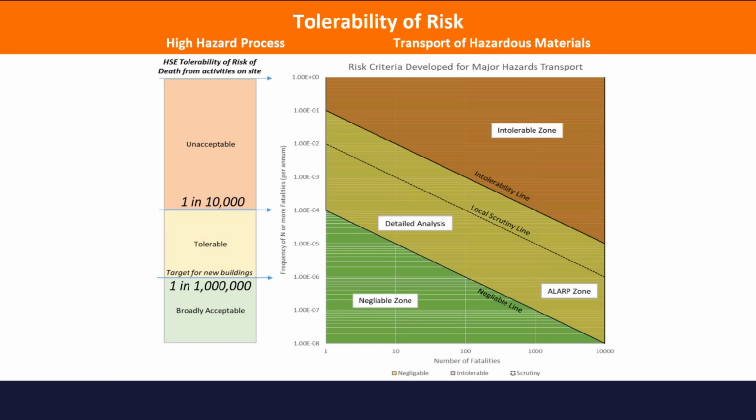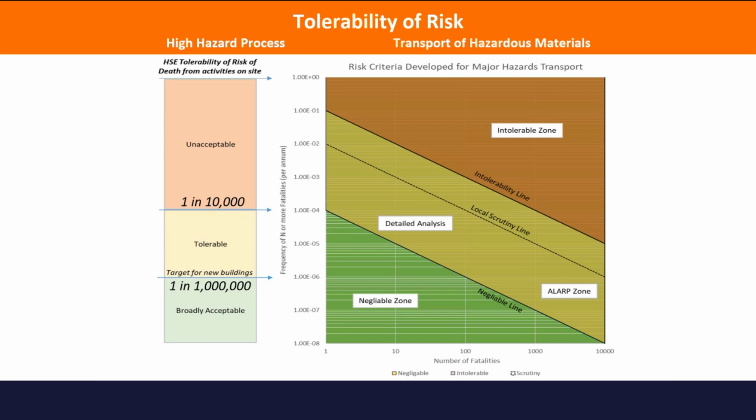And we have this thing in between. So if you're looking at one fatality, 1 in 10,000 for transporting hazardous materials is considered an acceptable risk, one fatality in 10,000. If it's 1 in 10 for one, that's considered intolerable.